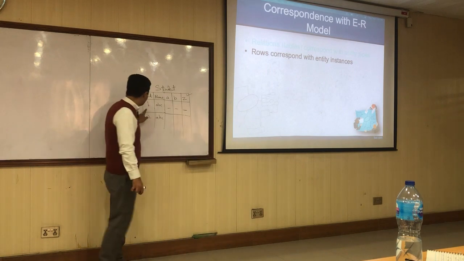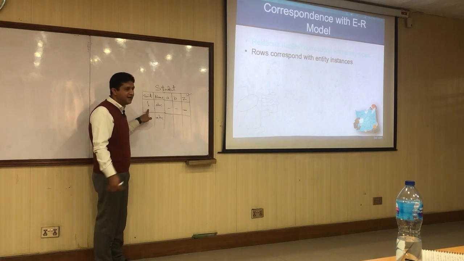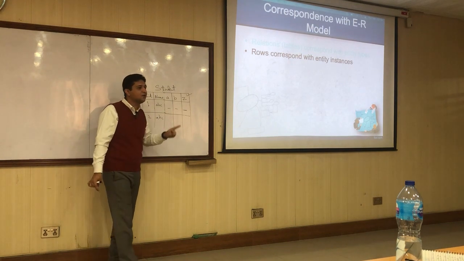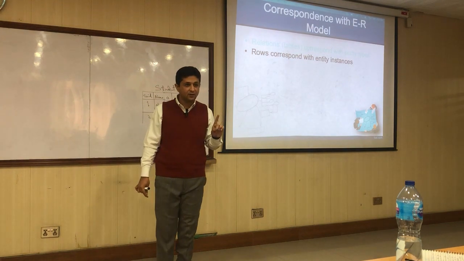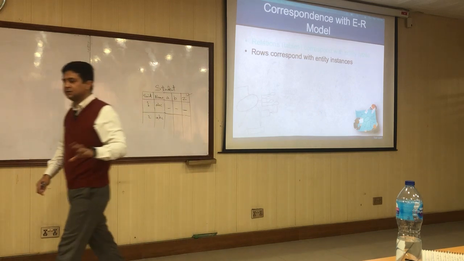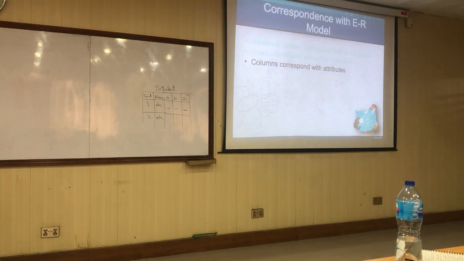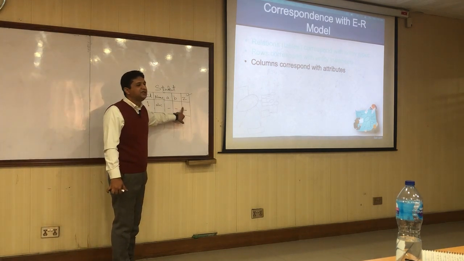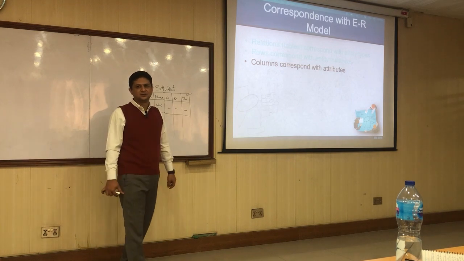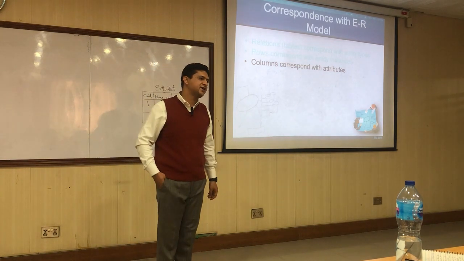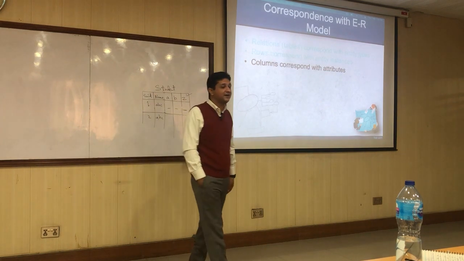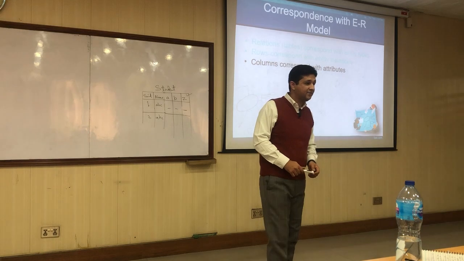So for example, this row is representing one student. Similarly, this row 2 is a representation of one student, okay? Are you following me? Great. Columns of this relation simply correspond with the attributes of the entities and the relationships as well, because we discussed that a relationship can also have attributes.